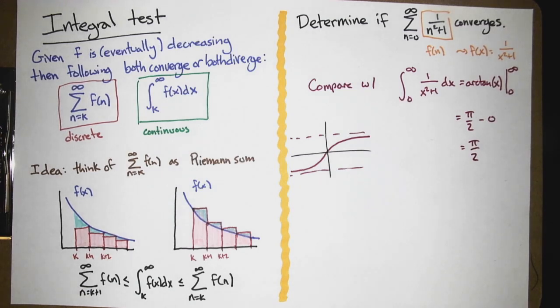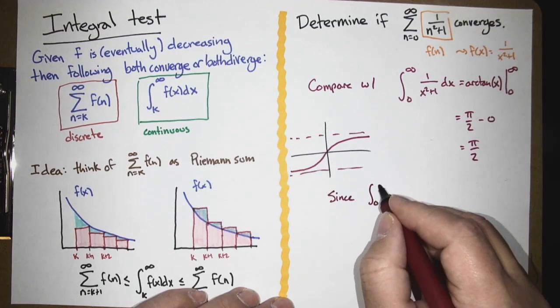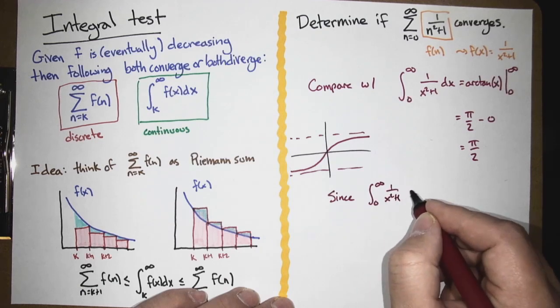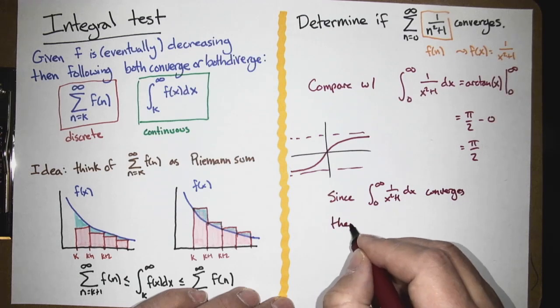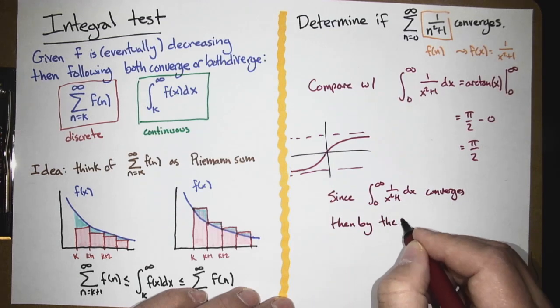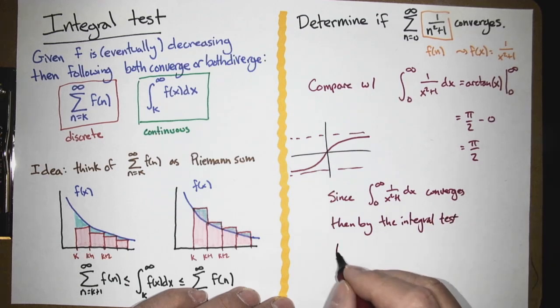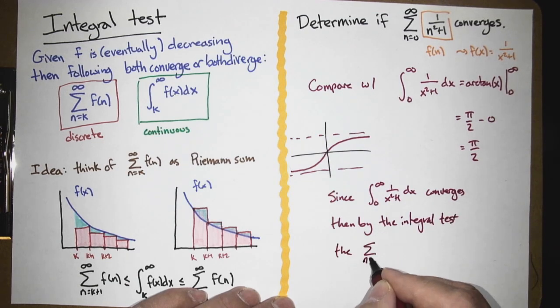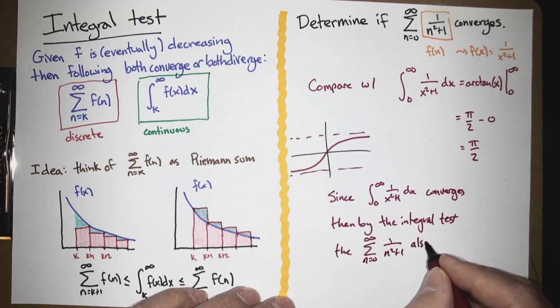What was the question? The question is, does the sum converge? We switched over and said, hey, we have calculus tools. The integral converges. So now we say, since the integral of 1 over x squared plus 1 dx converges, then by the integral test, the sum, n equals 0 to infinity, 1 over n squared plus 1 also converges.